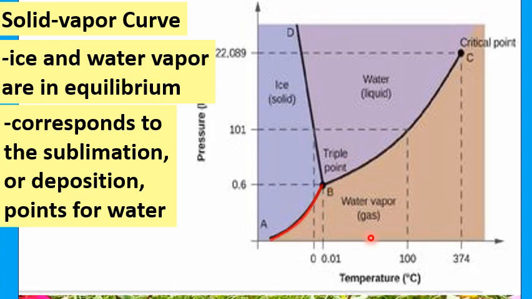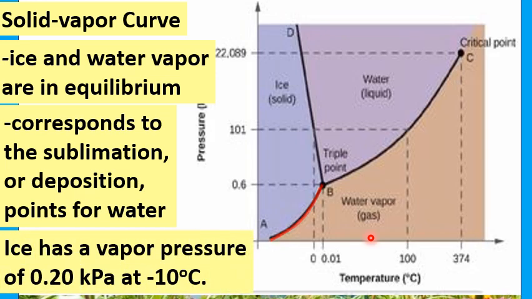Now, if we could zoom in on the solid-gas line in the figure, we would see that ice has a water pressure of about 0.20 kilopascal at a temperature of negative 10 degrees Celsius.